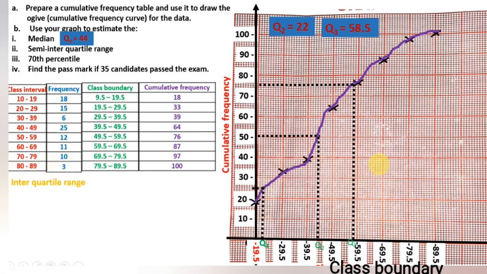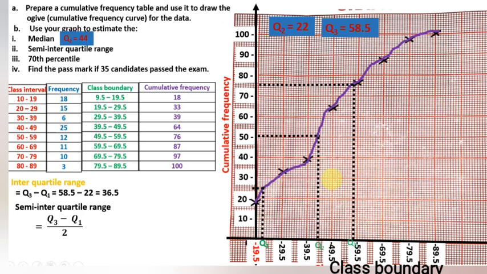Now the interquartile range is given as Q3 minus Q1, and that is equal to 58.5 minus 22, that's going to give us 36.5. Then the semi-interquartile range can be calculated from Q3 minus Q1 divided by 2.